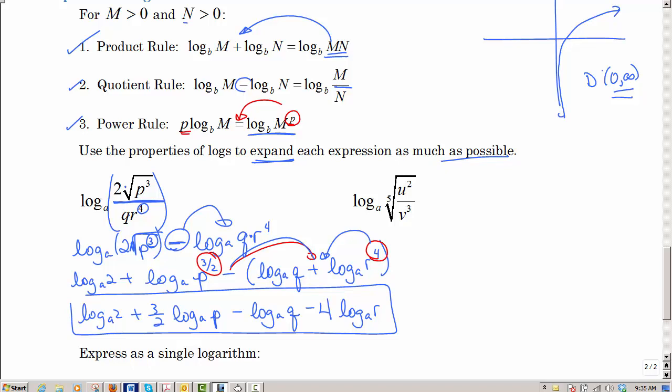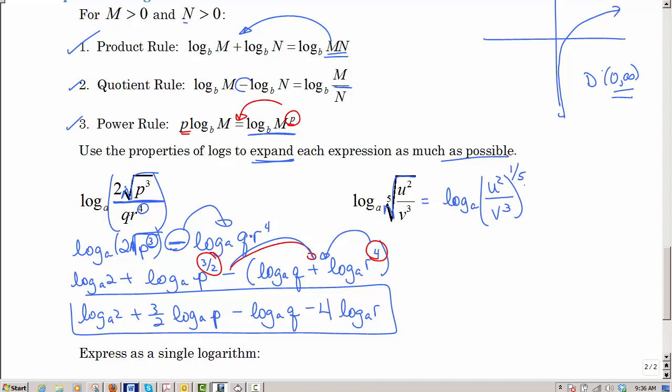Let's look at that next example. You have this big radical. When you see radicals, you need to rewrite them as exponents because we're dealing with logarithms, which are exponents. So let's rewrite this as log base a of u squared v cubed all raised to the 1/5 power. Now at this point we have choices.